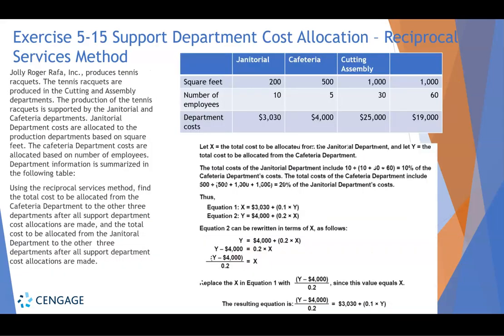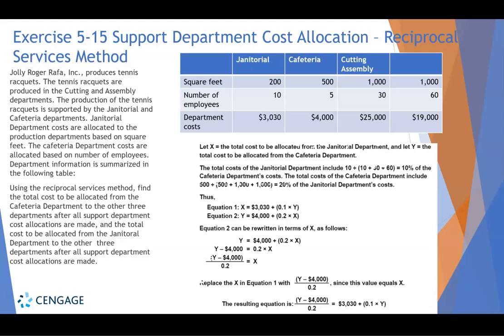So we need to start with the total cost to be allocated from the janitorial department, which is going to be X. Y is going to be the cafeteria department. We know the total cost of the janitorial department includes 10% of the cafeteria department's costs.